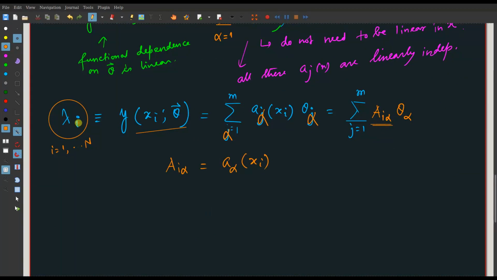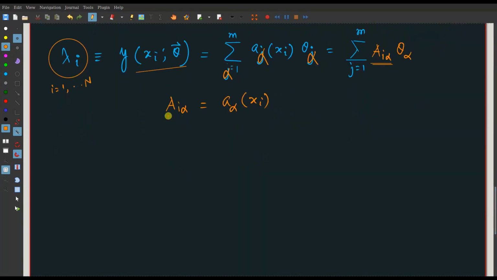On the left hand side you have a column matrix which has capital N elements, and on the right hand side you have a theta column matrix which has small m elements. So in all probability this is a non-square matrix. Keep that in mind when you do gymnastics with this A matrix.